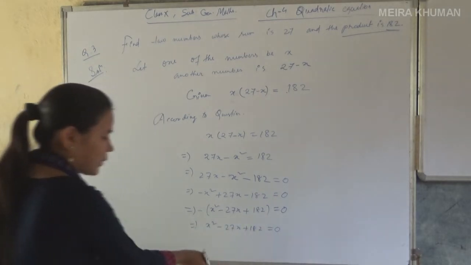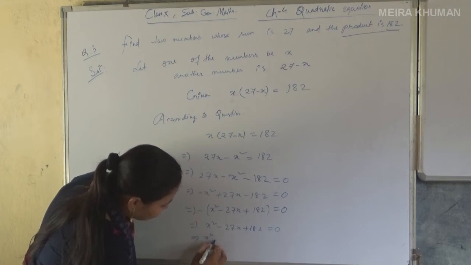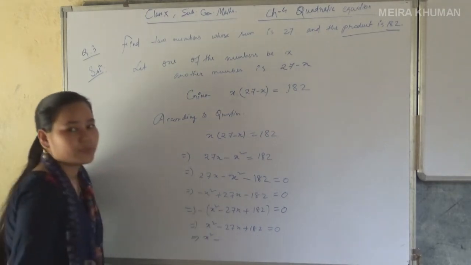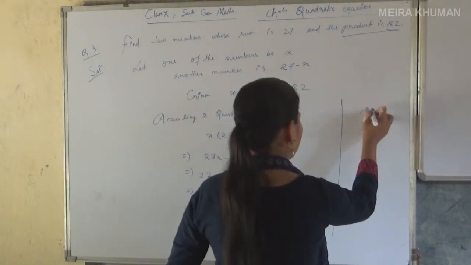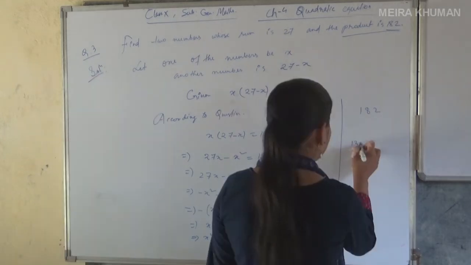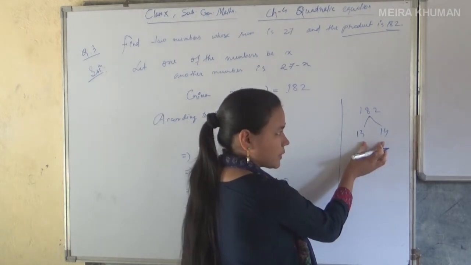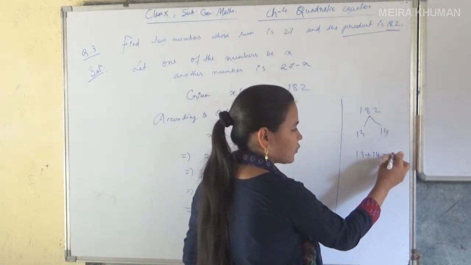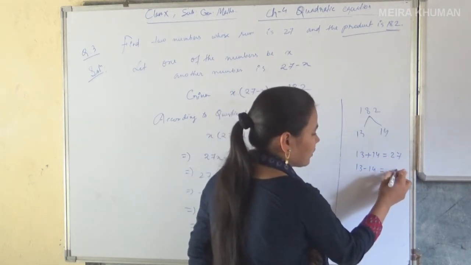Again, you need to find the values of x. So simple. Next step: what are the factors of 182? Factors of 182 are 13 into 14. 13 plus 14 is 27, and 13 minus 14 is minus 1.